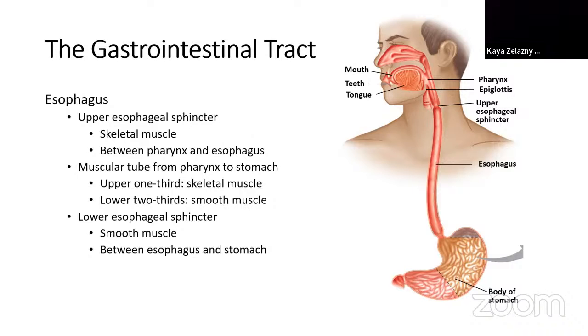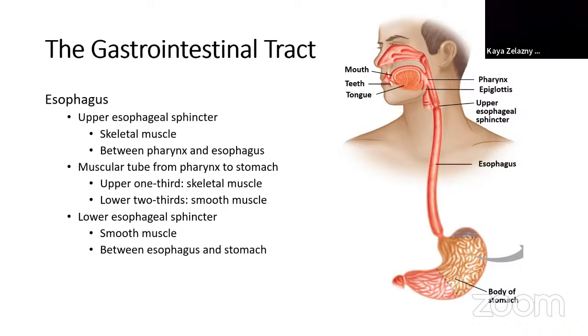So that smooth muscle then leads us into the lower esophageal sphincter, which is also made of smooth muscle, just like that part of the tract superior to it. What it's doing is controlling food passing between the esophagus and the stomach. We want that, ideally, to be a one-way valve: food passes into the stomach, but it doesn't allow acid and stomach contents to come back up.